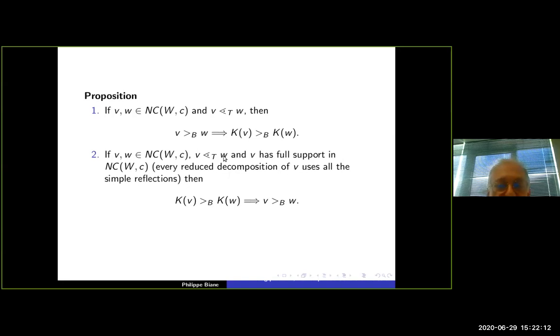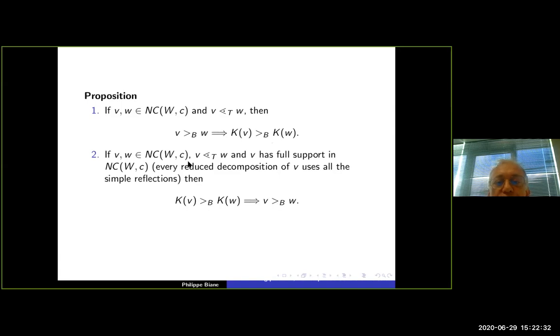So this is a restriction on the set of possible V. Then the following is true: if K of V is bigger than K of W in the Bruhat order, then V is bigger than W in the Bruhat order. So you see, this is the opposite implication.